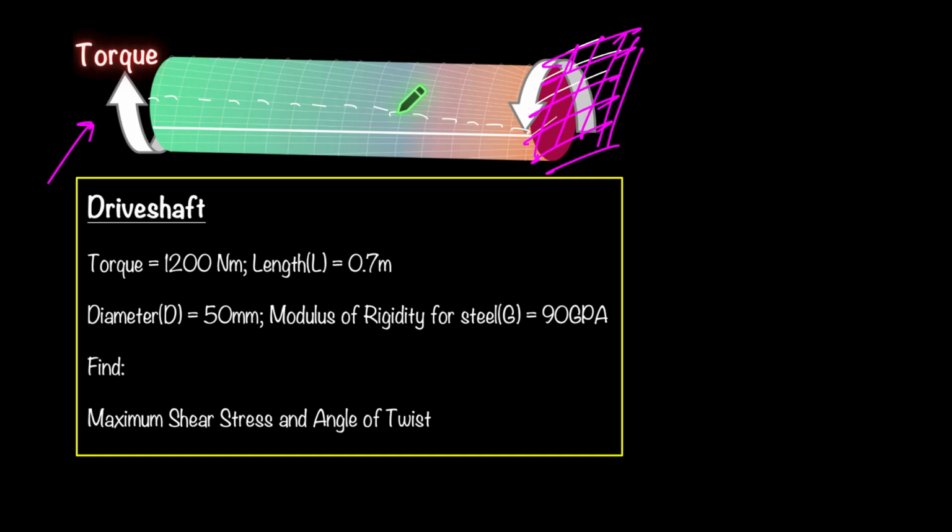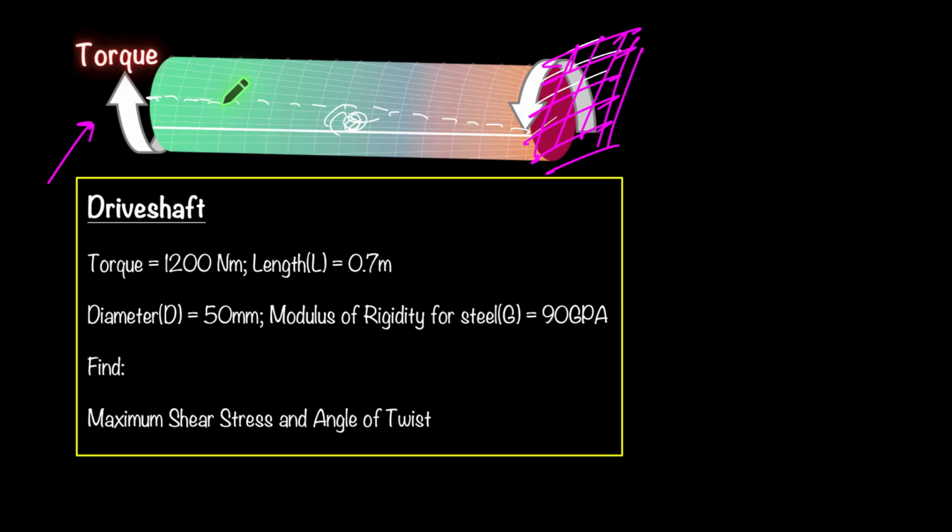The angle between our original reference line and the new one that I've drawn, which happened as a result of the applied torque, is known as our angle of twist.